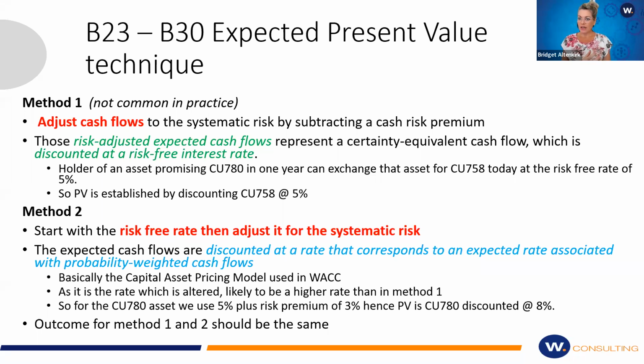So cash flows are not adjusted, but the rate would be adjusted in the second method. Whether you use method 1 or method 2, it is expected that you should land up at the same valuation at the end.